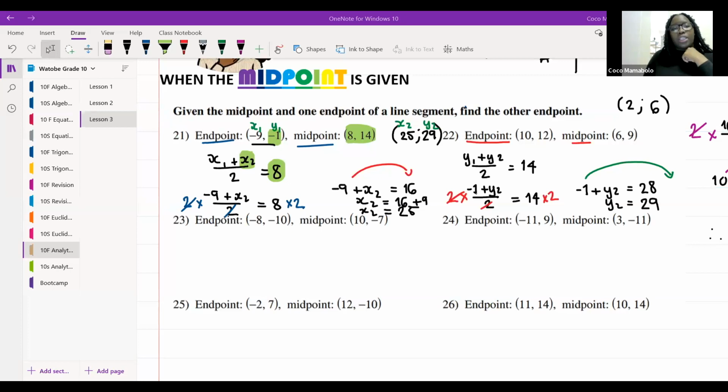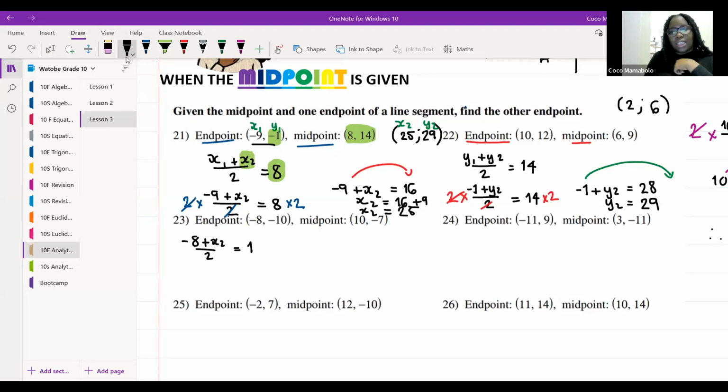Yes, absolutely. Tell me, what am I going to write? You're going to start with negative 8 plus x2 over 2 equals 10.